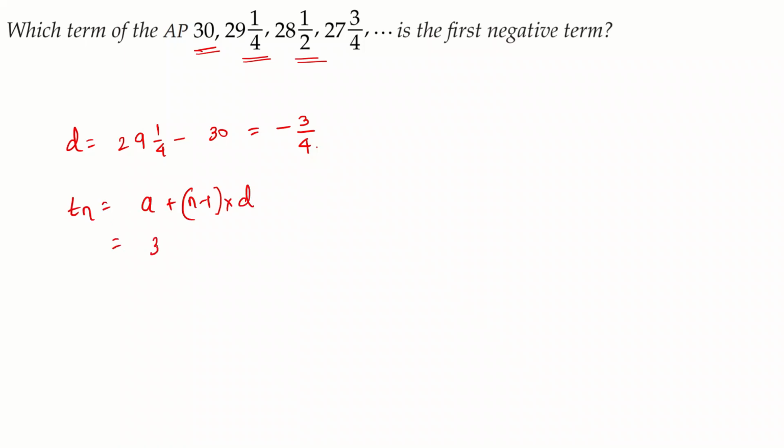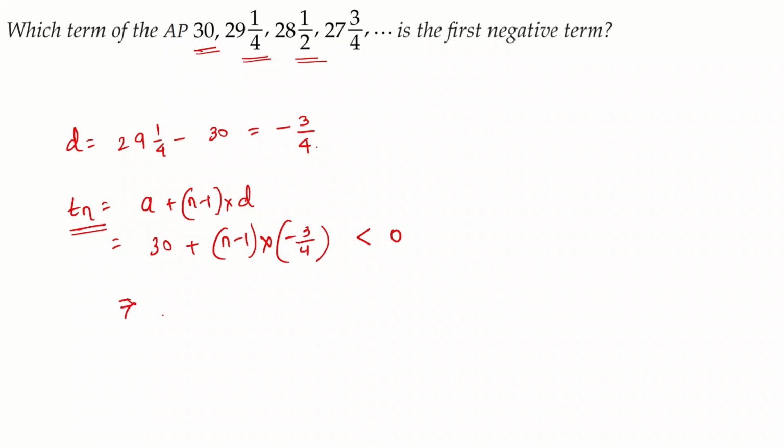My a is 30 over here. N I have to find out, because I have to find out which n will give me the first negative term. For what n this will be negative, times d, minus 3/4, this should be less than 0. So we want to find that n for which the nth term will be negative.